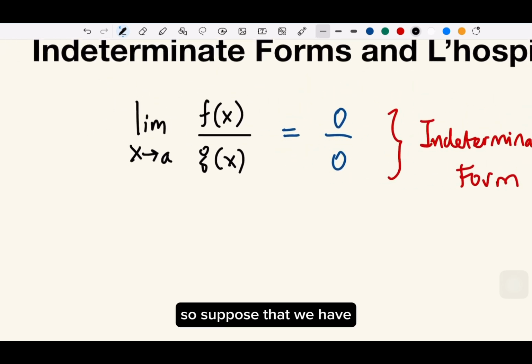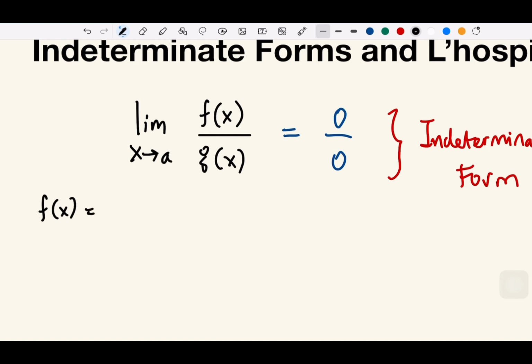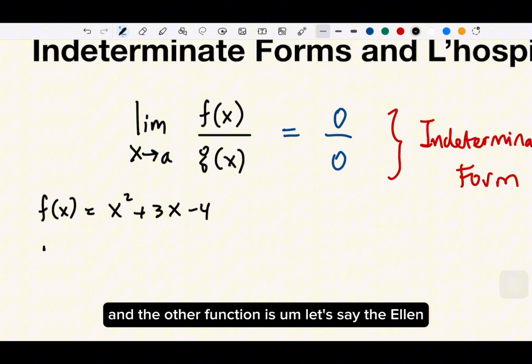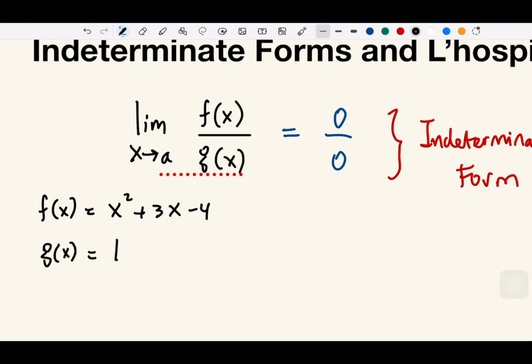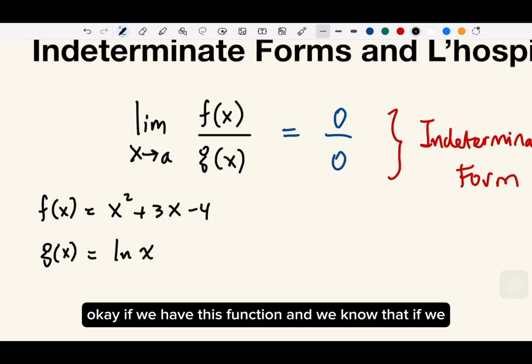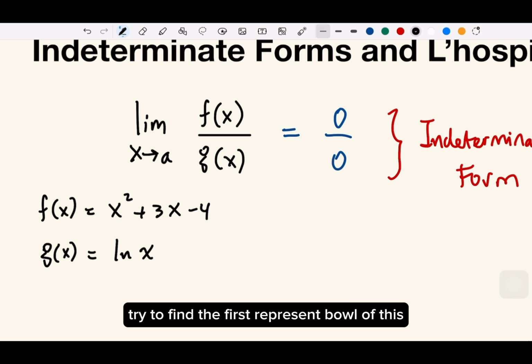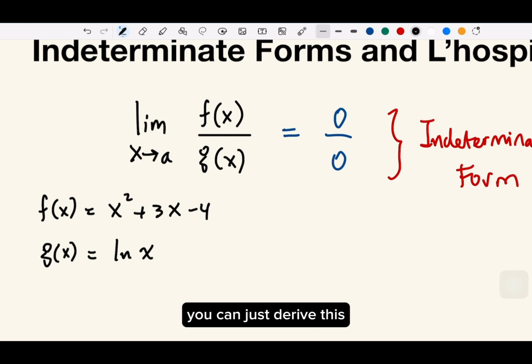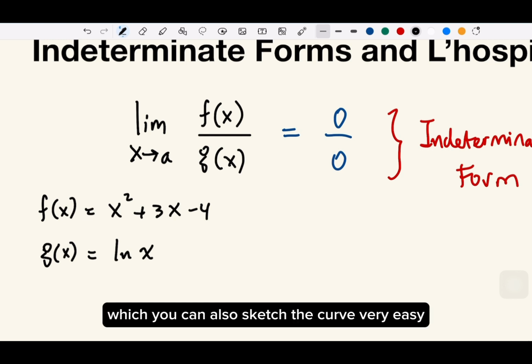So suppose we have a function, and the other function is, let's say, ln x. If we try to find the first derivative of both of these, we can do that very simply, right? We can just differentiate this, this becomes a linear equation, and this will be 1 over x, which we can also sketch very easily.